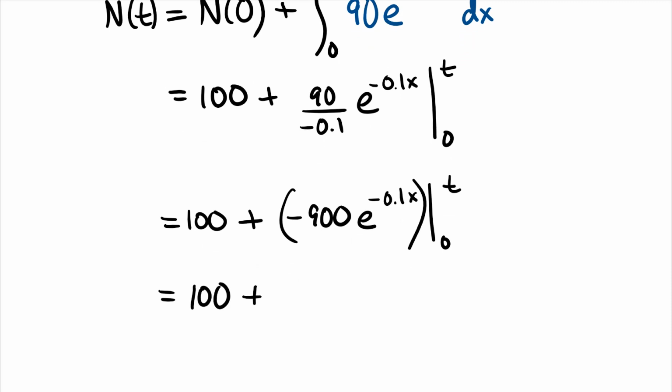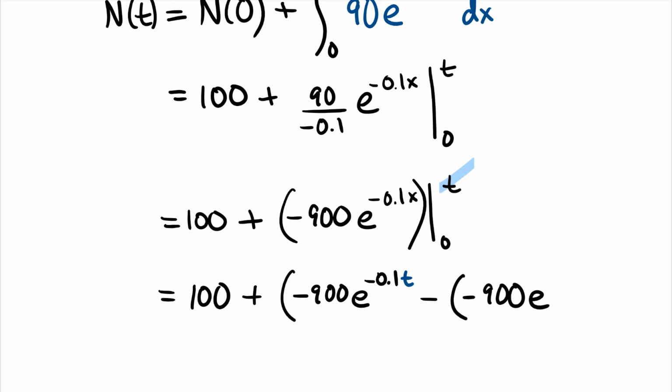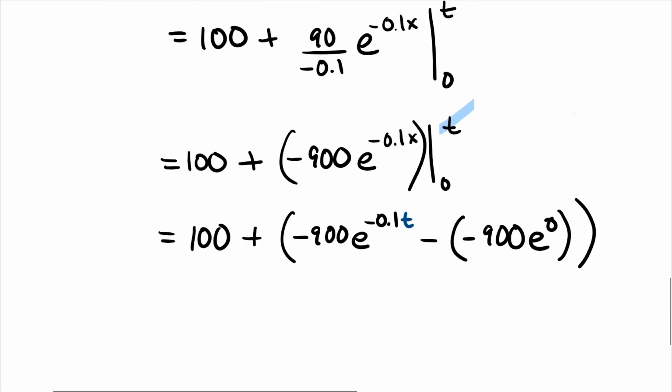Okay, now we put it in. We have negative 900 e to the negative 0.1, and we put in our upper bound first, but that's just t. Minus negative 900 e to the 0th. Anything raised to the 0th power other than 0 is equal to 1.